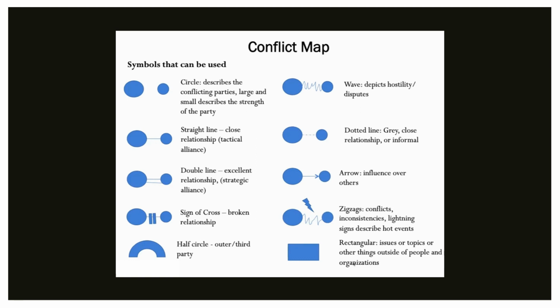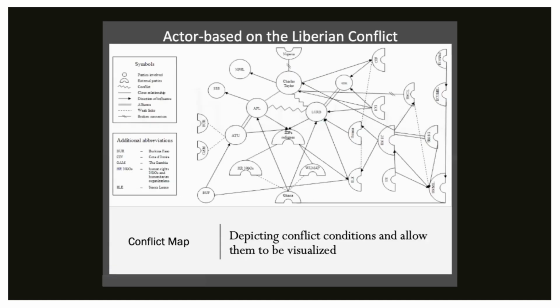This is the topic for the people and the organization. With the symbols that we can use, now we can understand this relationship between the conflicting parties.